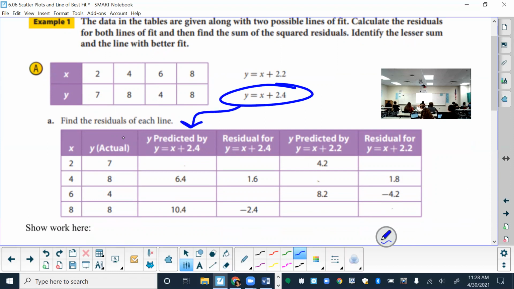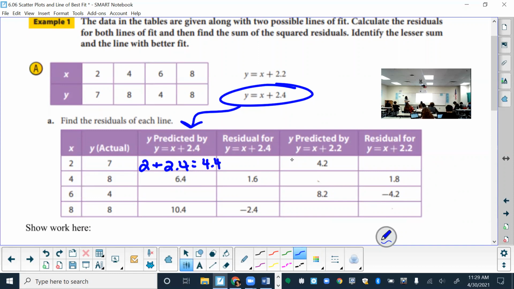I'm going to take what my x value is and plug it into this equation. So my x value is 2. It's going to be plus 2.4. What is that? 4.4. So my first predicted y value is 4.4.